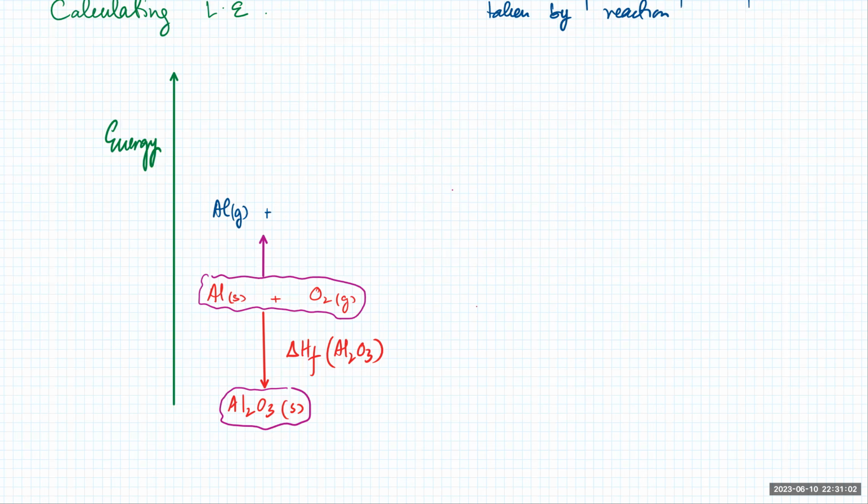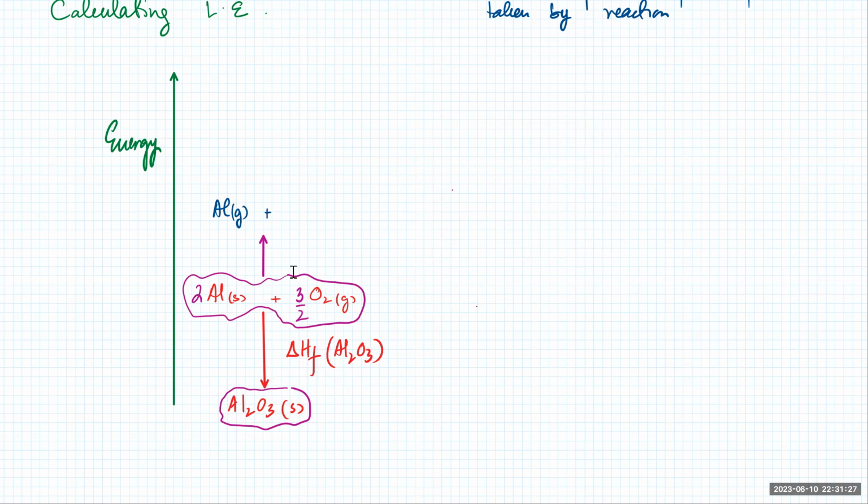It's not balanced, so let me balance it first. There's 2Al and there's 3/2 O2. Okay, now it's balanced. So I'm just breaking it down.